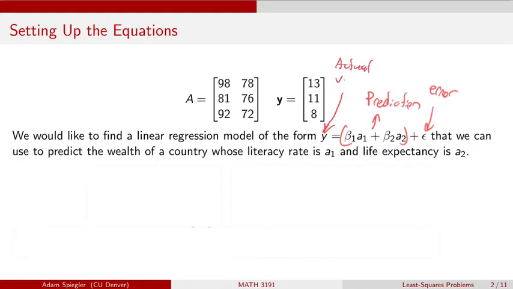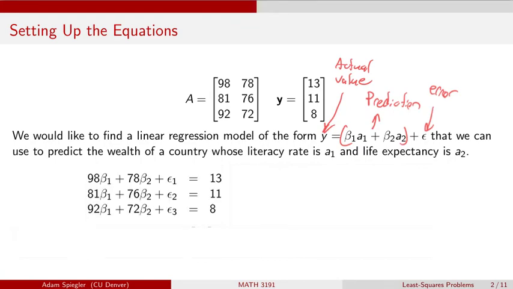This gives us a system of equations that we can write out as follows. For the first country, their equation would be 98 beta 1 plus 78 beta 2 plus some error term is giving us the actual value that we know for country 1, which is 13. And for the other two countries whose data we have, two more equations.